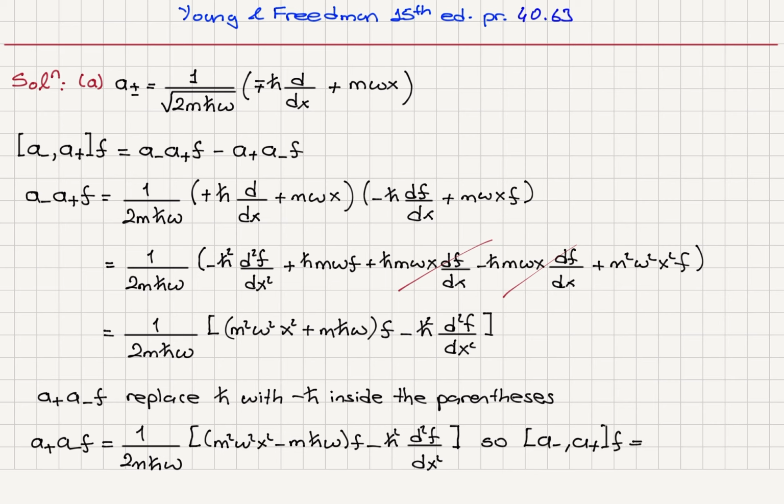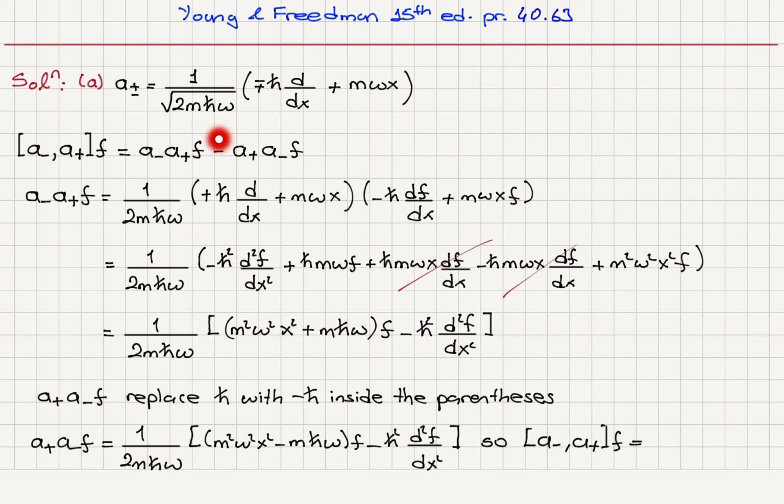So if I subtract this term from this term, you can see that the first terms will cancel out. And then here I will have minus m h bar omega f divided by 2m h bar omega f. With the minus sign, this is going to become plus because I'm subtracting it.